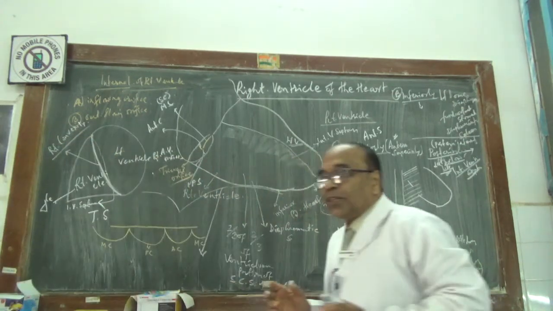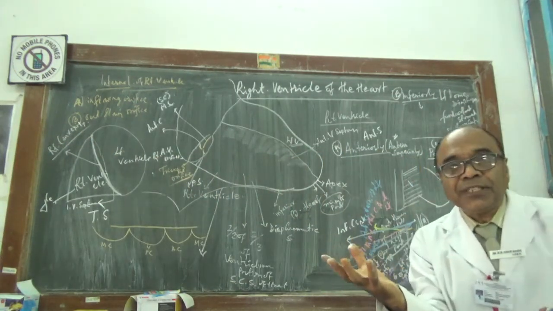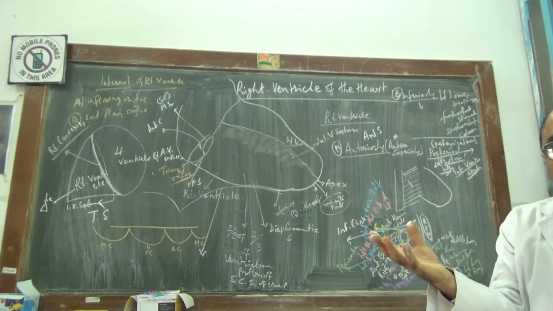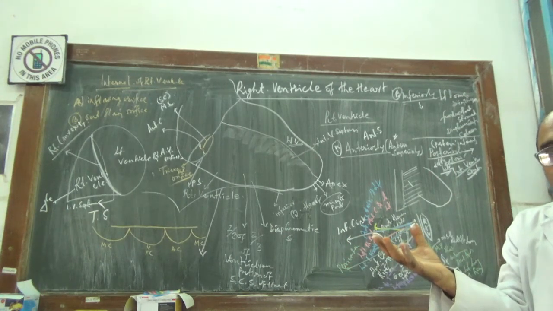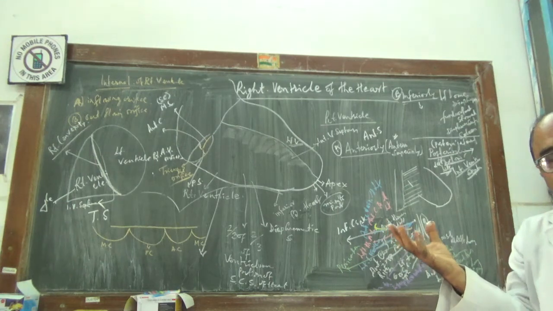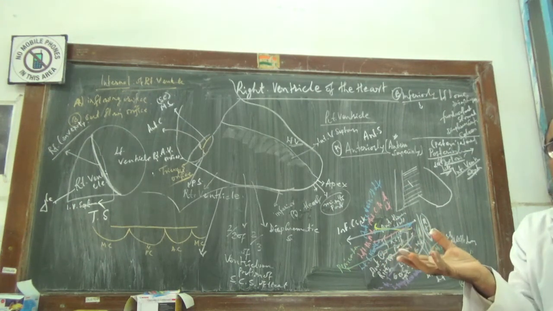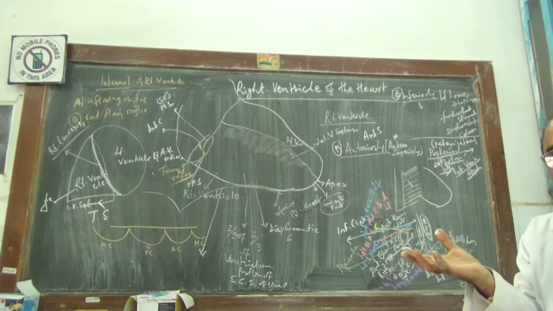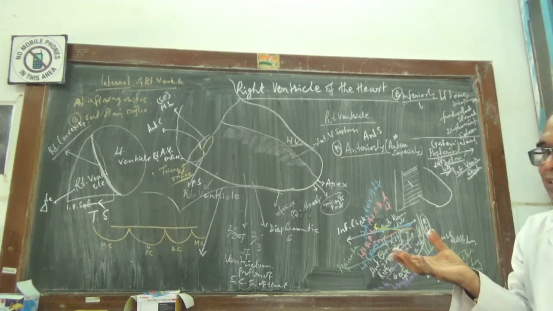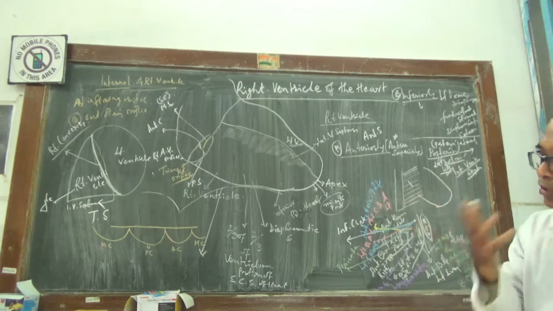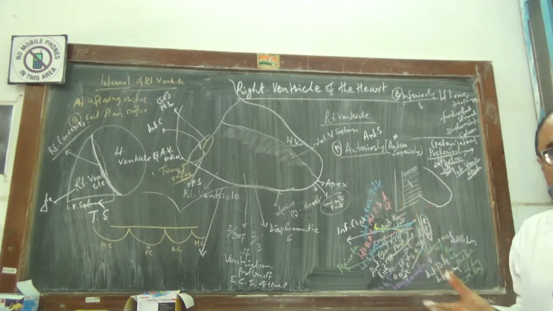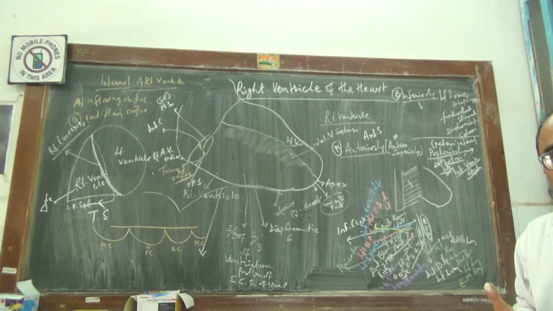So these cusps are cup shaped structures, which are fibrous and partially membranous, fibromembranous. They are attached to the entire circumference of the right atrioventricular or tricuspid orifice.